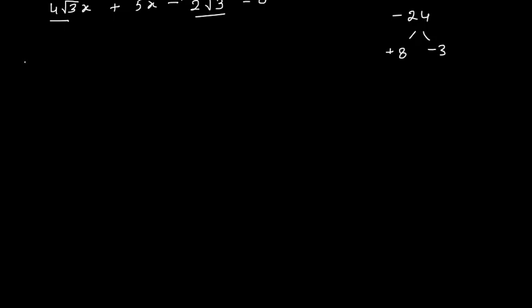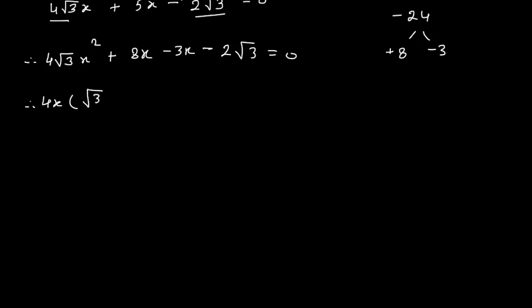So therefore I will say that 4 root 3 x square plus this 5x I will write as 8x minus 3x, and then here we have minus 2 root 3 equal to 0. Now you take 4x common, so here you have root 3x plus 2.